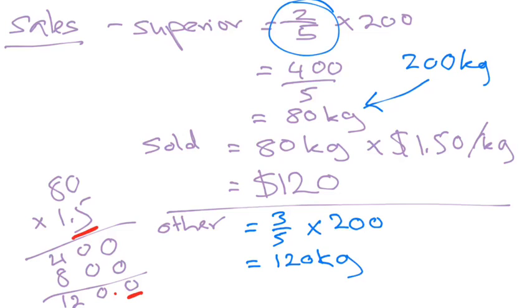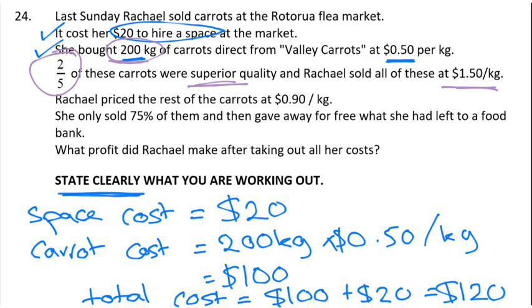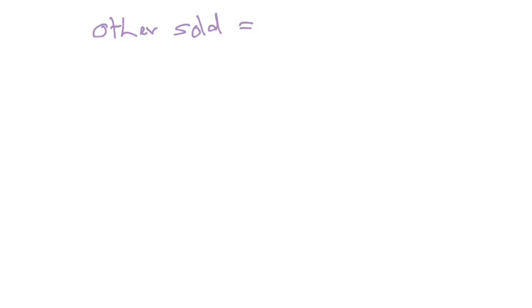Okay, so now I need to work out how much money she got from that. So from her other carrots, let's see how much she sold those for. So we're told she priced those at 90 cents per kilo, but she only sold 75% of them. Okay, so we know that there is 120 kilos, but she only sold 75% of those.